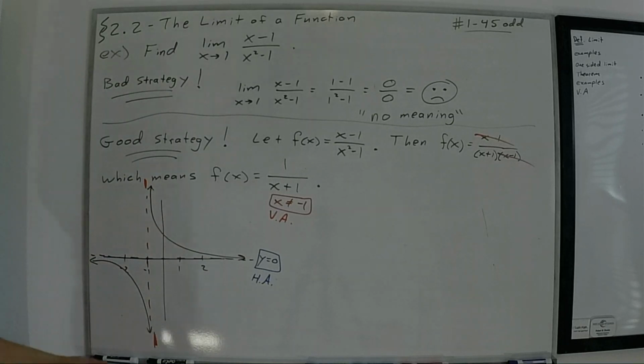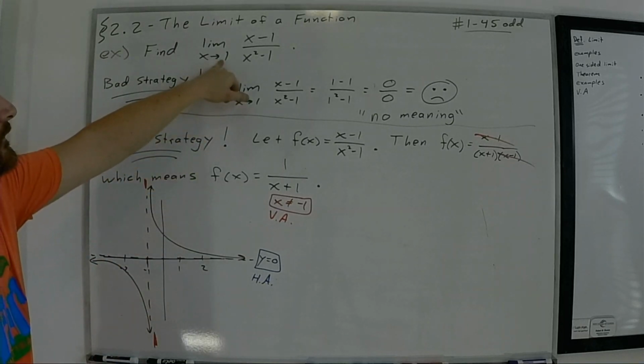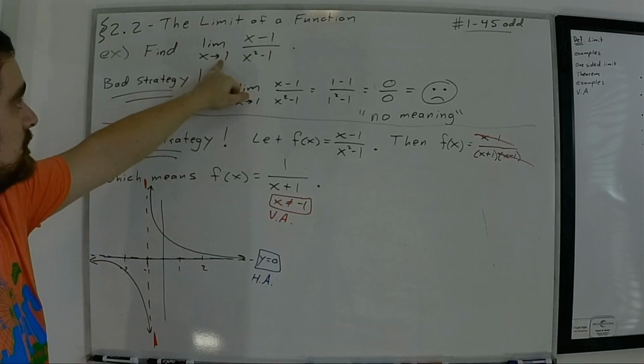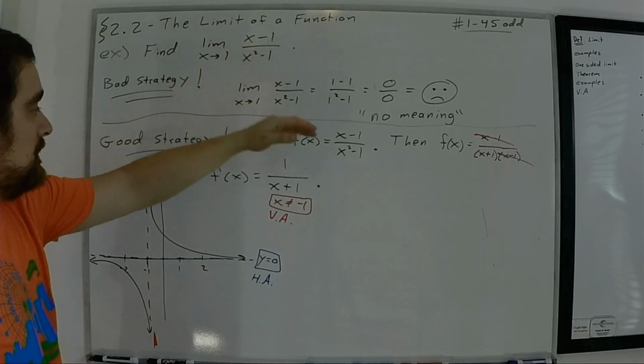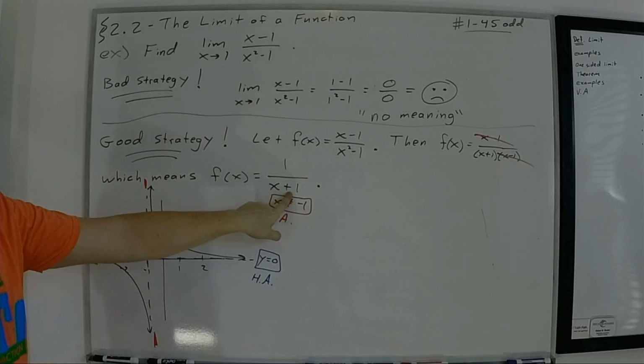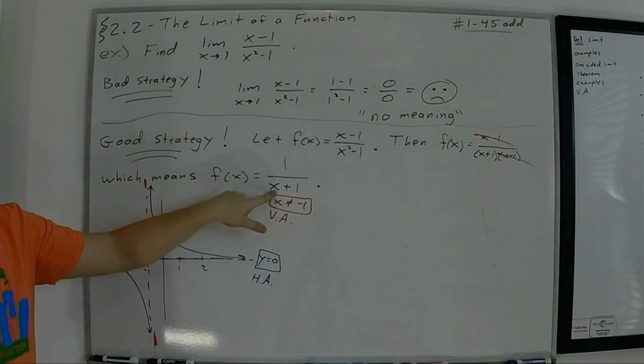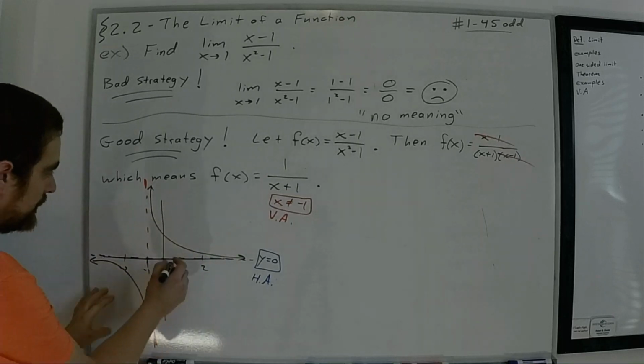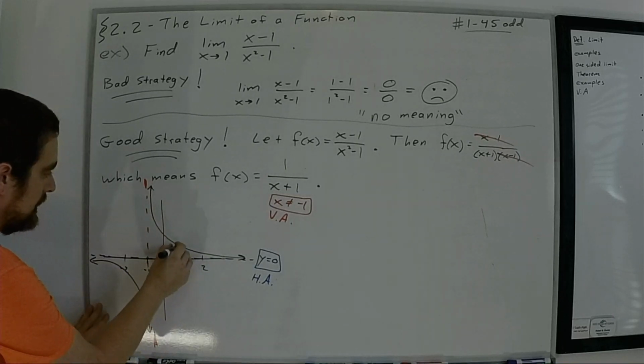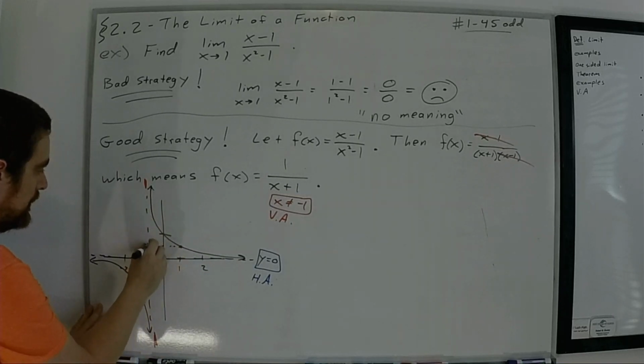Now what happens as x goes to 1? We wanted to find the limit as x goes to 1 of this function, which is essentially the same thing as this function once I simplify it, and I can plug 1 into this function. In fact, when I plug 1 into this function, I get an output of 1/2.